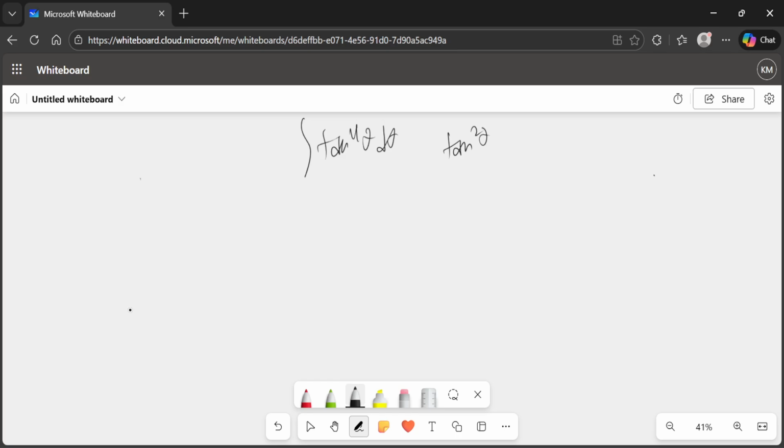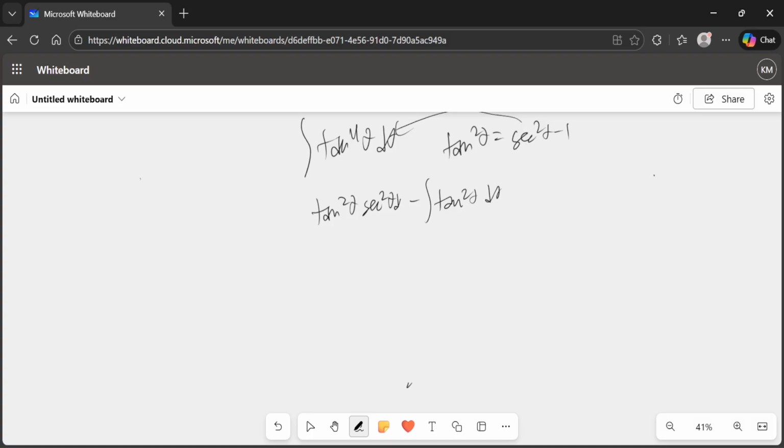So tangent squared equals secant squared theta minus 1. So you go there, you get, okay, this gets swept away, right? We know how to do that already.